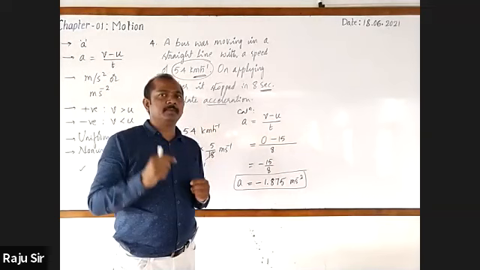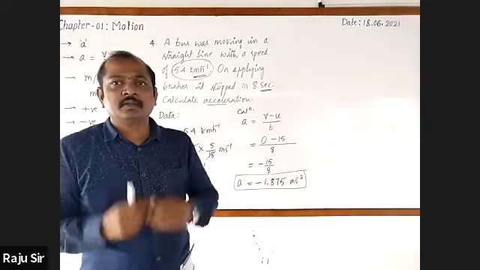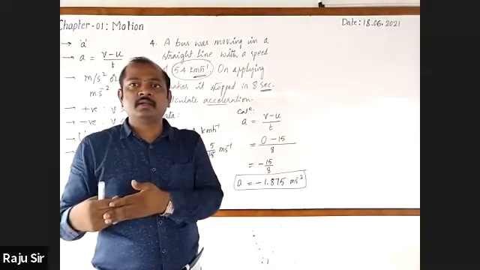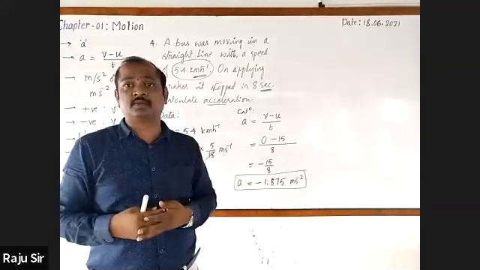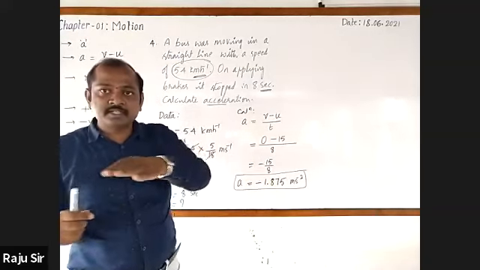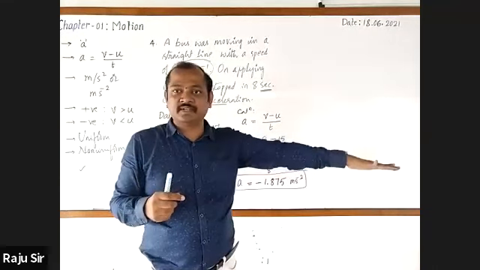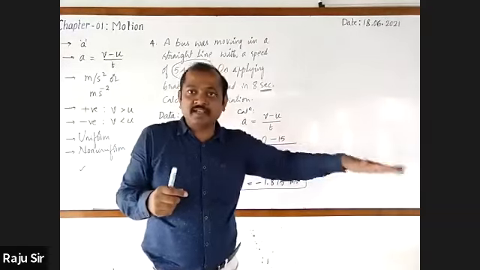Then you all may be thinking that, sir, why should we not go for using minus? Here minus sign indicates the bus is decreasing its speed. Got it? Bus is decreasing its speed.